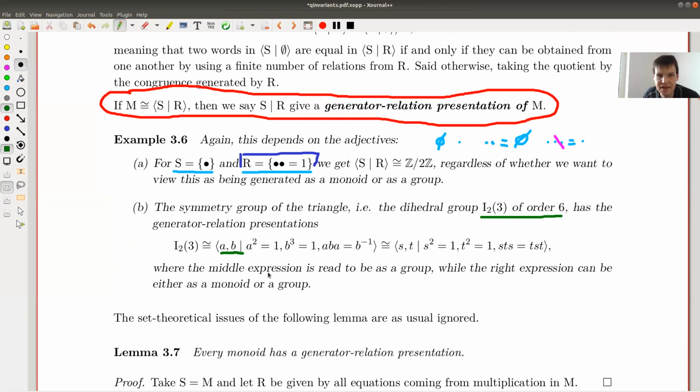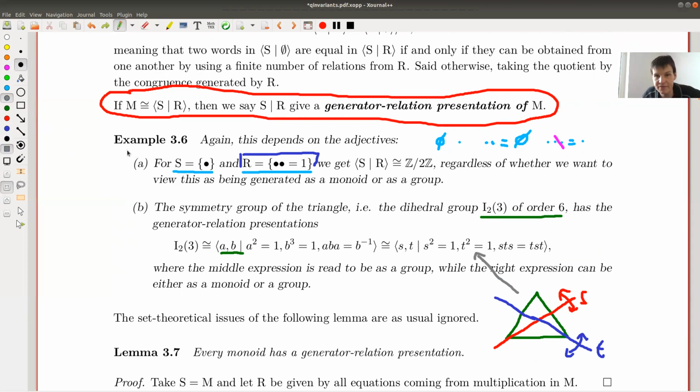You have those two elements, A and B, and basically there are two ways to do it. So you have this S,T presentation. There are two presentations. You can either mirror around this axis and call this S, and you can mirror around this axis and you call this T. And this gives you this presentation here, because I mirror around an axis, that's certainly of order 2.